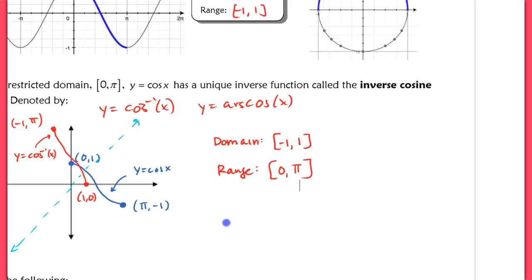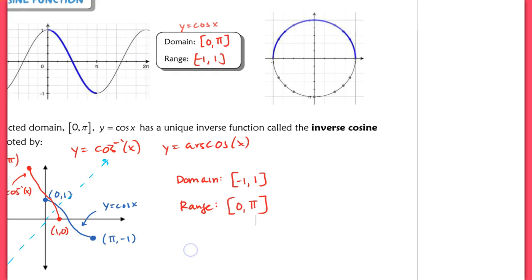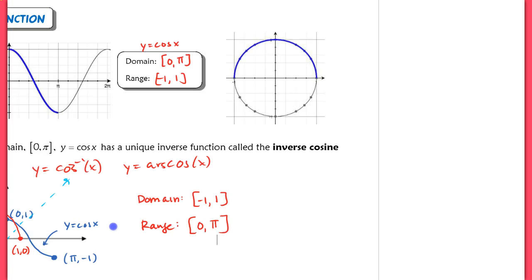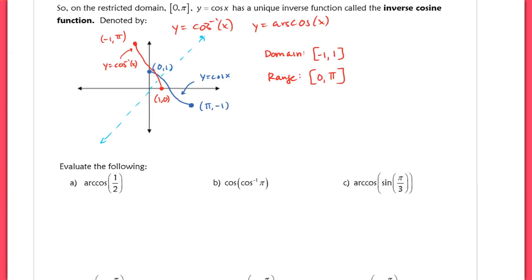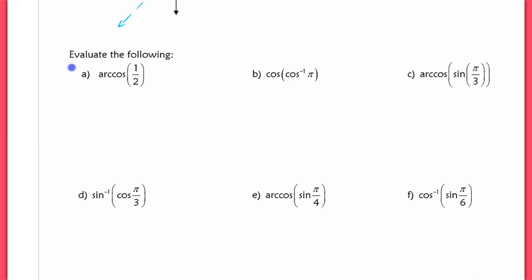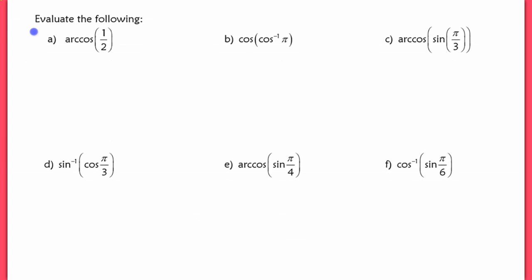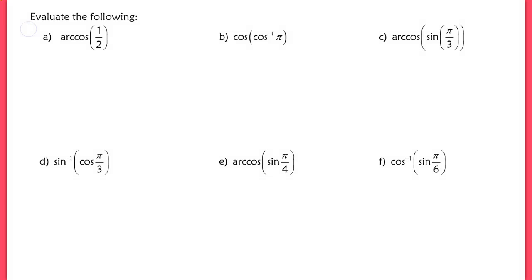When you're trying to evaluate an inverse cosine function, your possible answers come from this range of values, from 0 to pi. So everything here should be an output of 0 to pi as long as we're using an inverse cosine function.